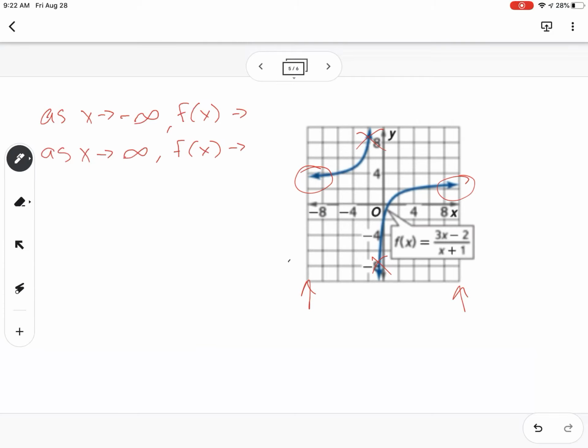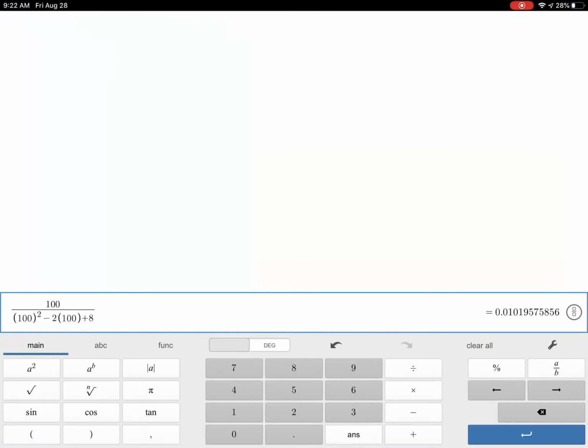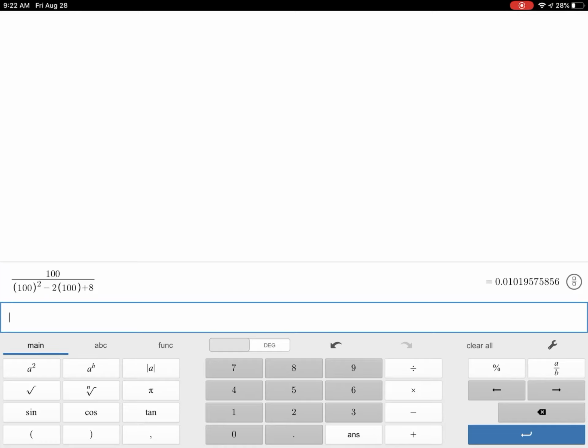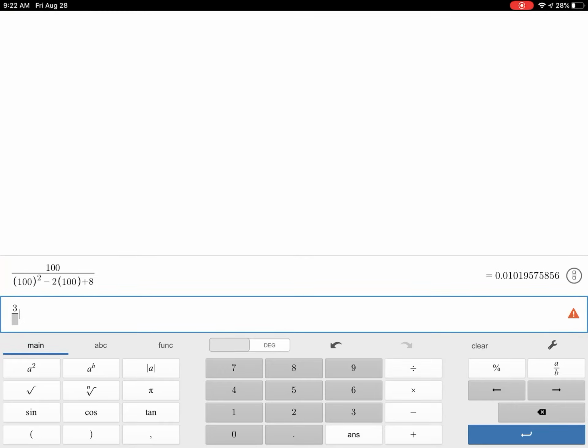So to test our numbers, we're going to plug in a few things. First, we'll plug in f of negative 100 and negative 1,000. Then we'll do a positive 100 and a positive 1,000. There's our function. We'll plug those four things in. Get rid of that. It's always best to just get your fraction started first.